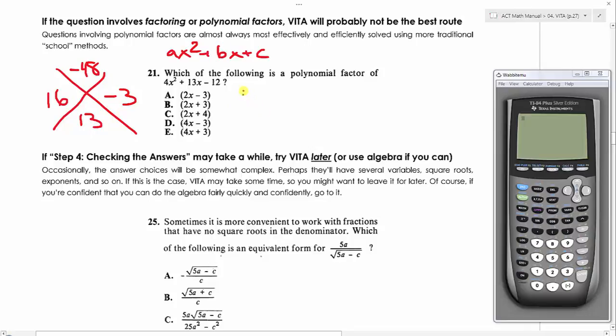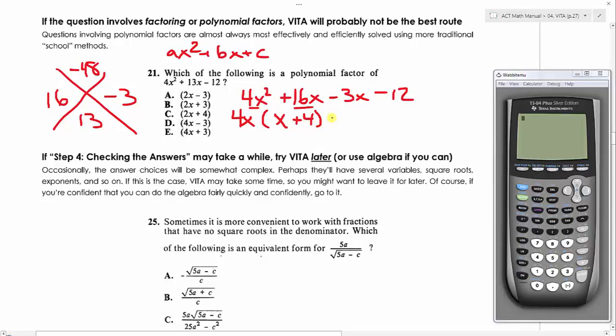So I'm going to write 4x squared plus 16x minus 3x minus 12. Then I'm going to factor out the 4x from these two terms, the 4x squared and the 16x. That's 4x times x plus 4.